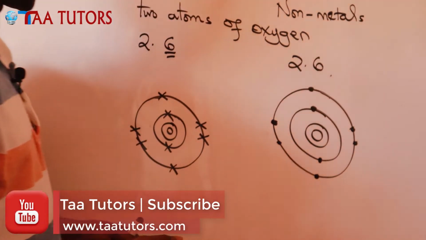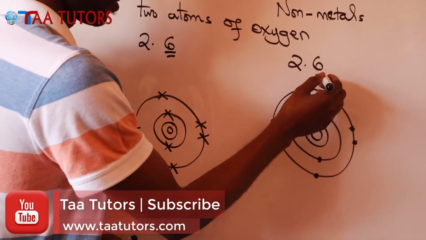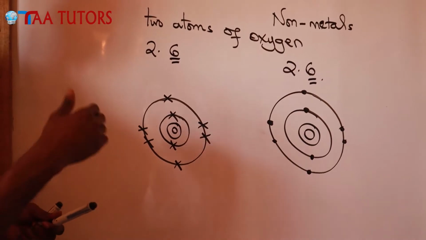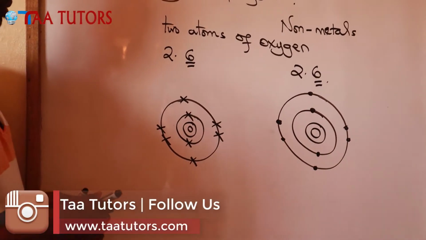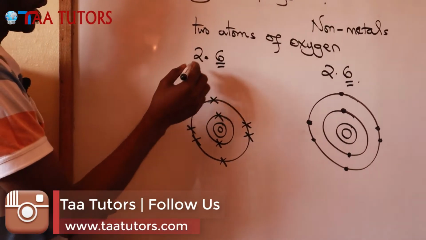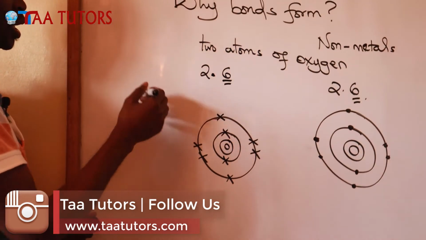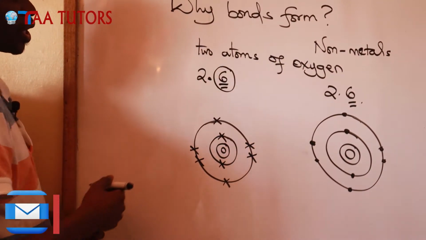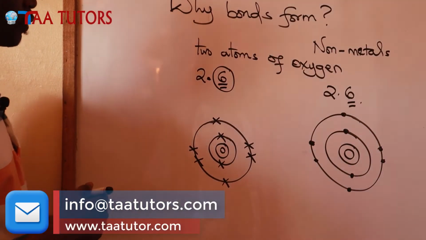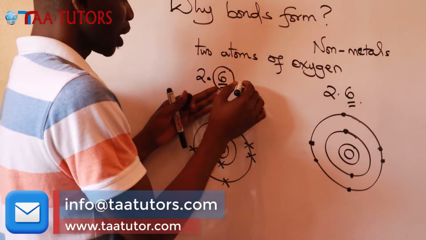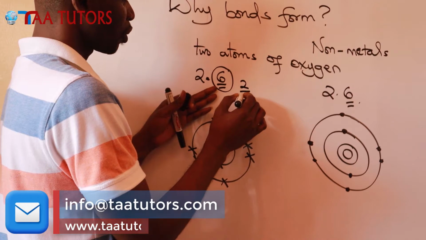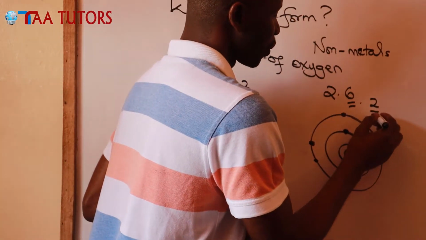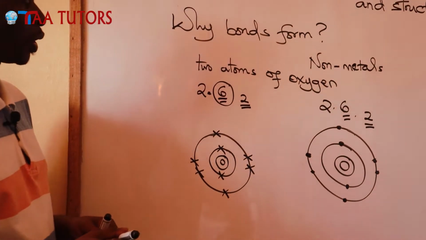Being atoms in the first 20 elements of the periodic table, the outer shell must be full with 8 electrons. So for this one to get 8 electrons, we are short of 2 electrons. This one also needs 2 electrons so that we have 2, 8, and here also we have 2, 8.